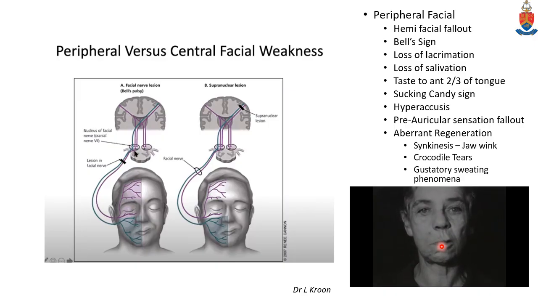And as we can see, there's almost no movement around the mouth, and there's no activation of those muscles that I've just mentioned. And even an emotional response does not overcome this, as we can see now. There's an automatic emotional response when he laughs.